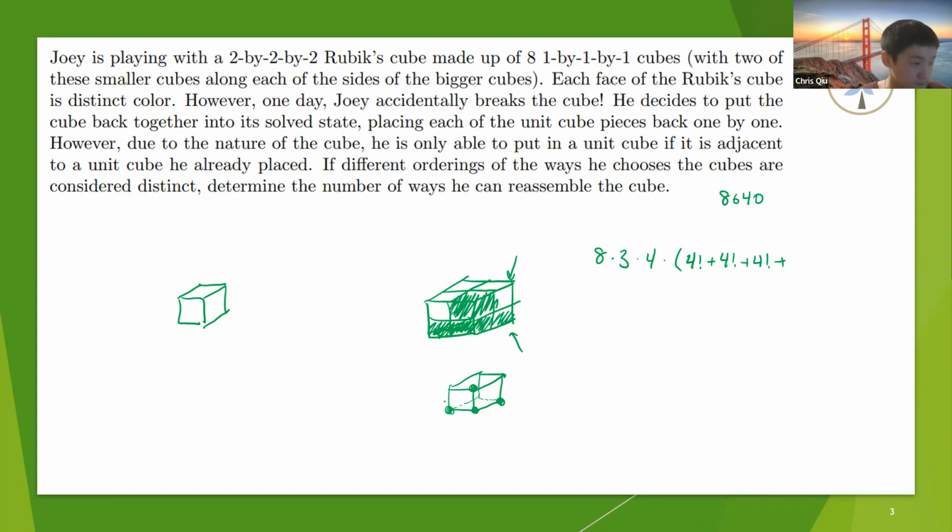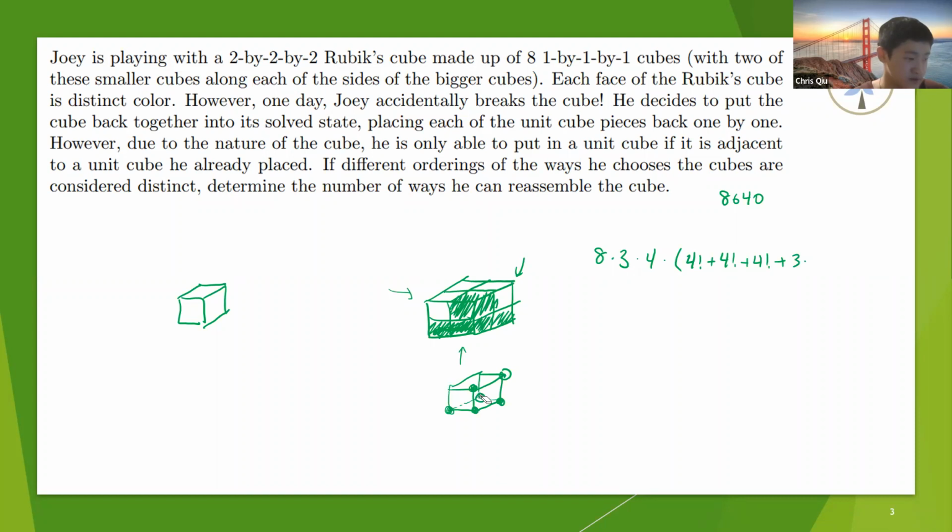So the 3 cubes he can place next are these 3. And in the original diagram, that corresponds to this cube, and the last unshaded cube in the bottom face. And so there are going to be 3 ways to choose our next placing.